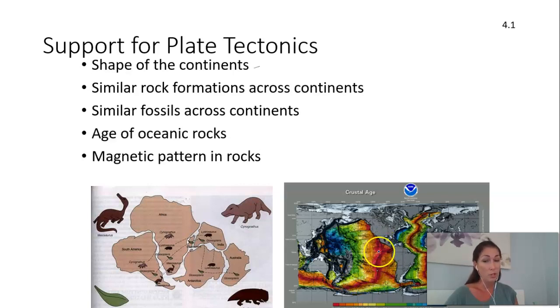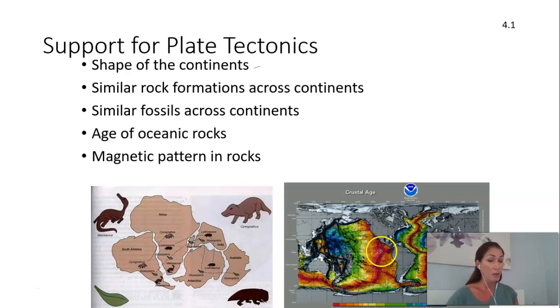This is very new rock, less than 100 million years old, when our planet is 4.6 billion years old. So our rocks are very, very young here, and that's giving us a sign that this is new rock that's being formed. So along this mid-ocean ridge, that's what we refer to as a divergent boundary. So magma is able to come up from the asthenosphere, and it hits that cool water and it hardens into brand new rock.